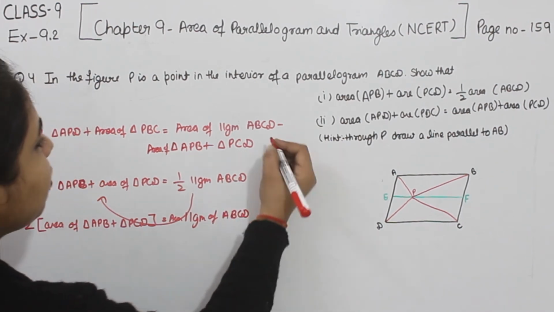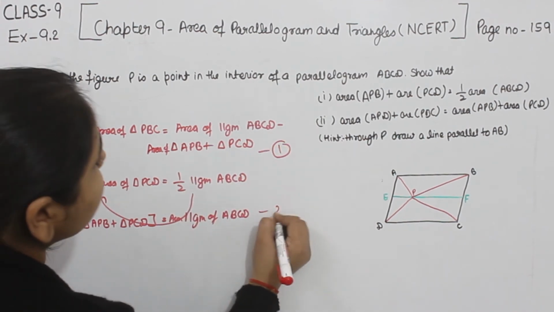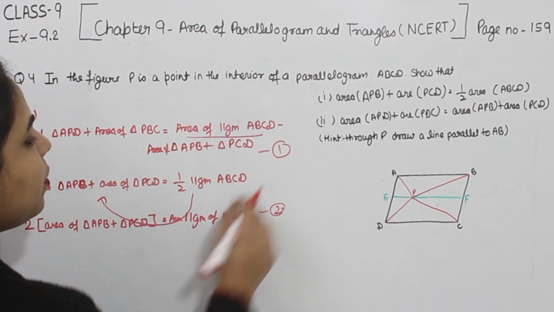Now I am going to take equation number 1. In equation number 1, I am going to put the value from equation number 2 in place of the area of parallelogram ABCD.